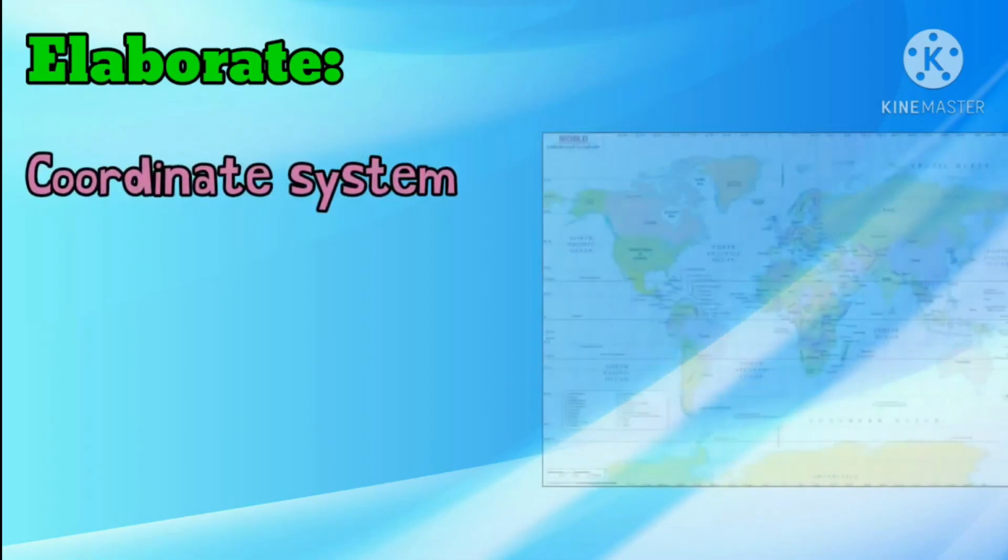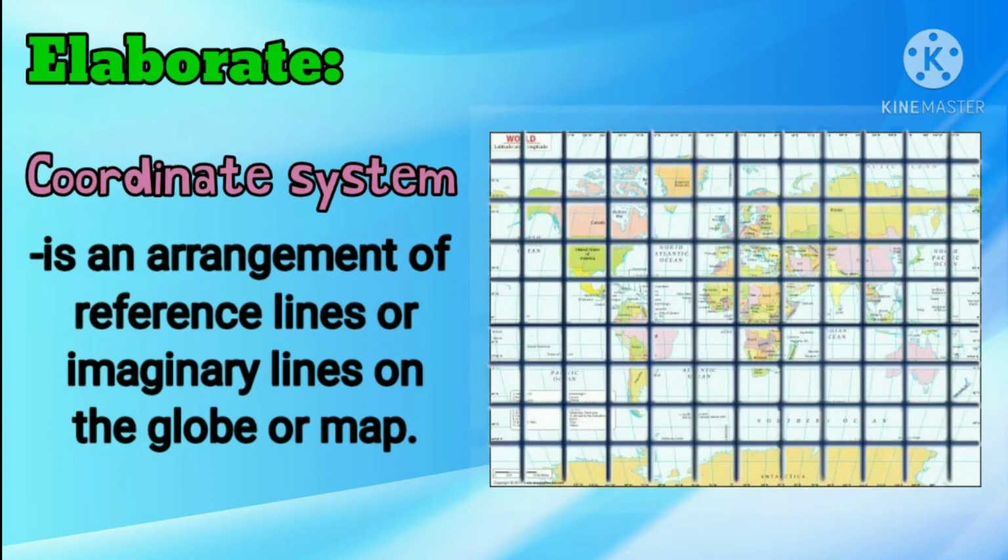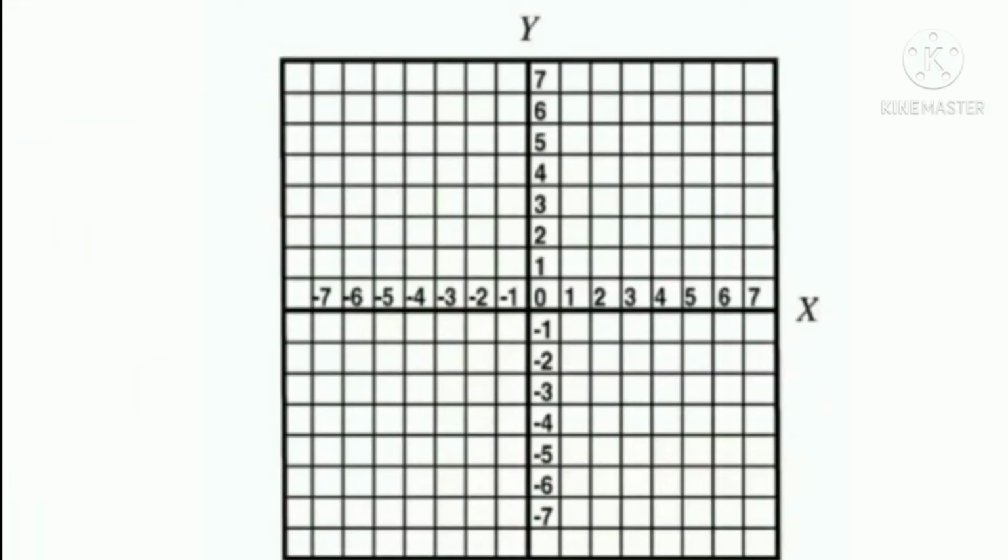Amazing! A coordinate system is an arrangement of reference lines or imaginary lines on the globe or map. By means of a coordinate system, the position or location of any place on Earth's surface can be determined and described. In a coordinate system, we need an origin or 0-degree reference.